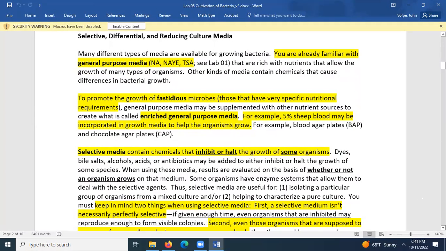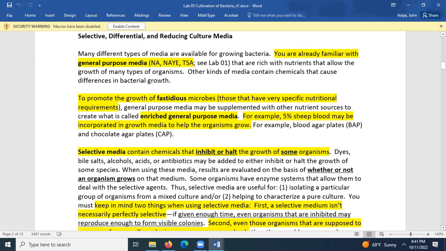These allow us to grow many bacteria, but not all bacteria. Fastidious organisms will not grow on a general purpose media.